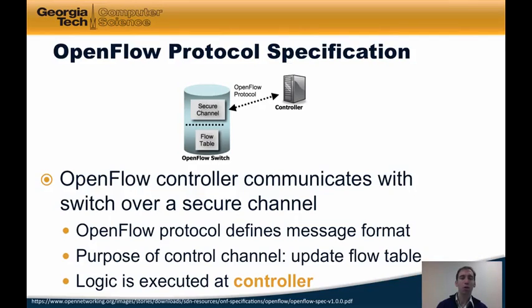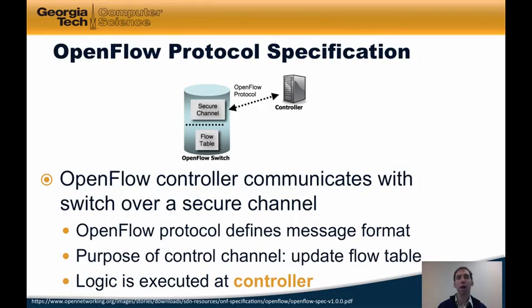The OpenFlow protocol specification defines a number of things, including the components of the switch, the message format, and what types of actions the flow table should be capable of performing.